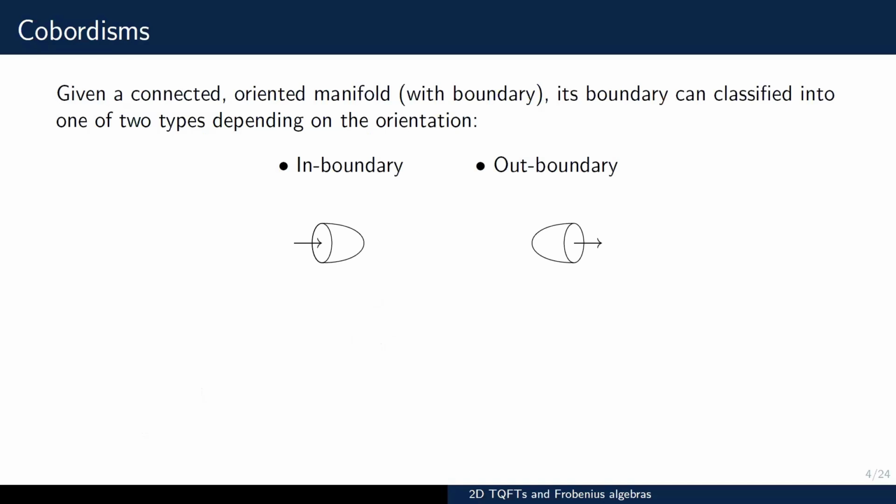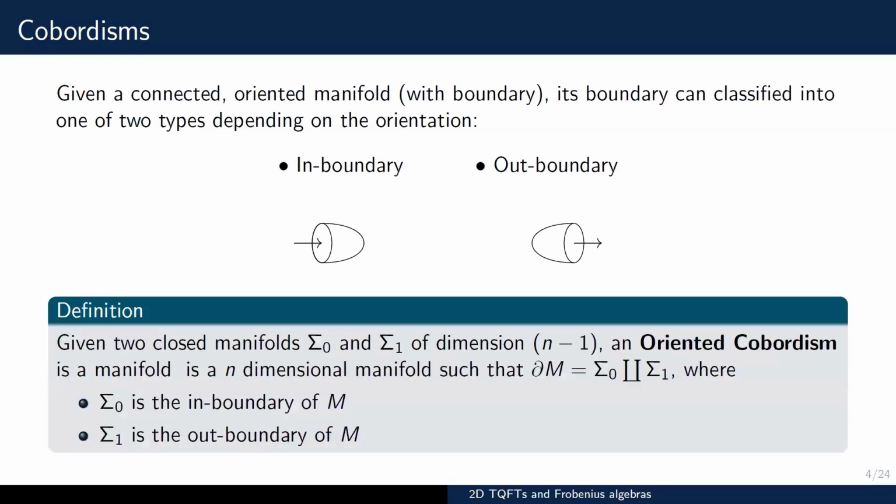Using that, we can define a normal, and depending on where the normal is pointing, it will tell us whether it's an in boundary or an out boundary. However, for our purposes, since we are mostly focused on two-dimensional objects, an intuitive description will be more than enough.